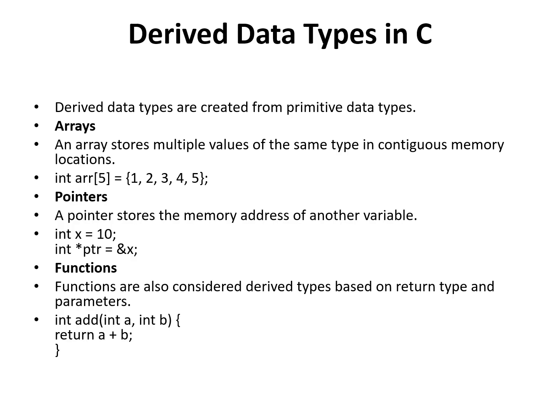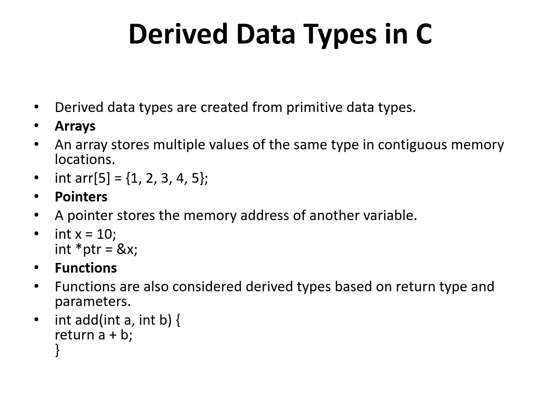Pointers store the memory address of another variable. Int x is the variable name, equal to 10. The pointer is represented by the star symbol, and it stores the address of x, using the ampersand.